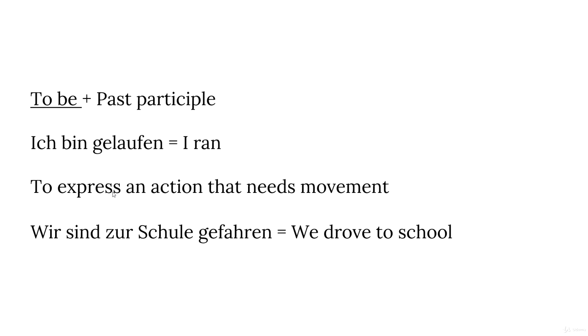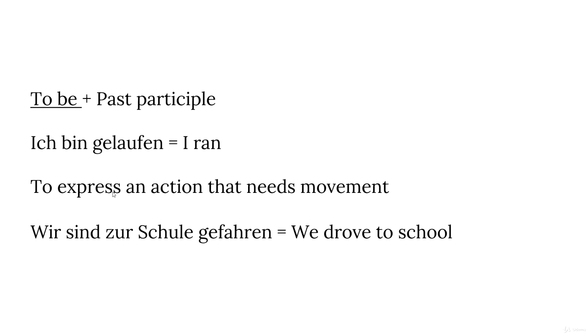For example, I ran. Ran comes from the verb run, which is laufen. Laufen is a verb that you move in. So you say sein. However, the pronoun is I, which is ich. So sein with ich should be ich bin, right?